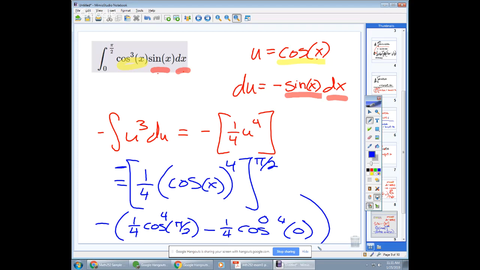And then I have to figure out what's the cosine of pi over 2 and the cosine of 0. The cosine of pi over 2 becomes 0. The cosine of 0 is 1. 1 to the 4th is 1, times 1/4 is negative 1/4. I want the opposite of that, so I still get the opposite of negative 1/4, or 1/4.